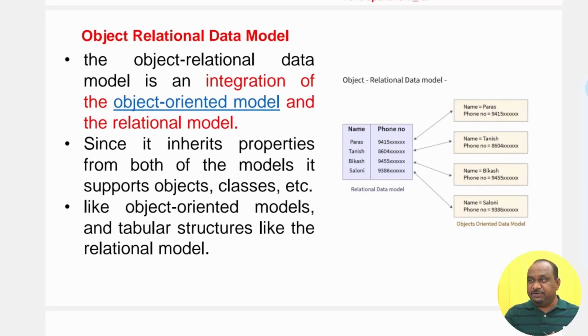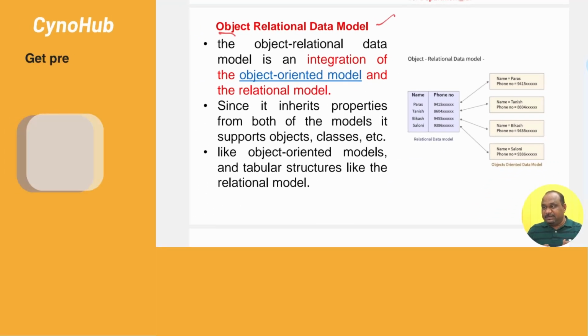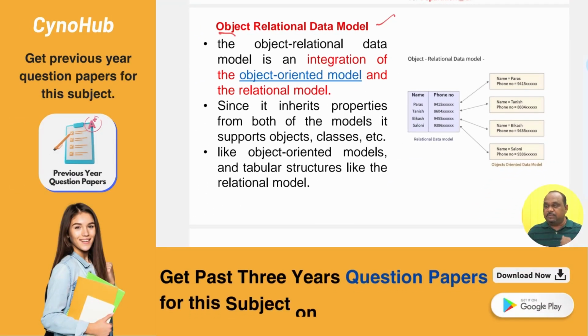Next, continuation of the object-oriented relational data model. Now the previous one whatever we discussed is again linked to the object relational model. So what is the previous one? Object-oriented data model, but this is an object relational data model.